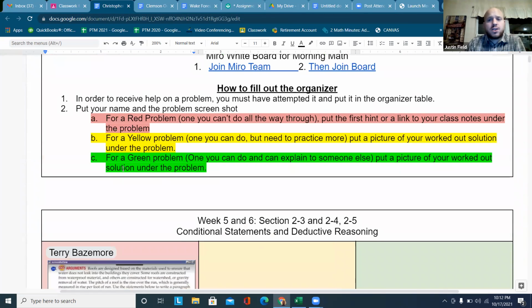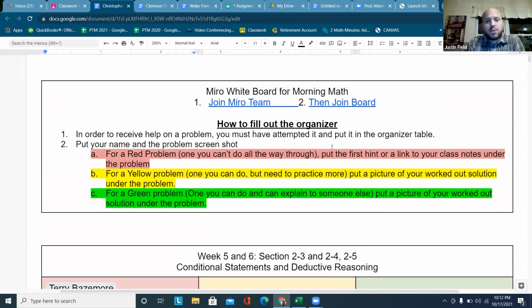Okay, and let's make sure that we know for a red problem. Now I know there's no hints in the textbook, but you can put class or just put as much of the problem solution as you are able.